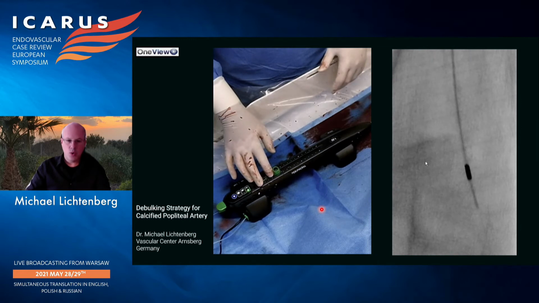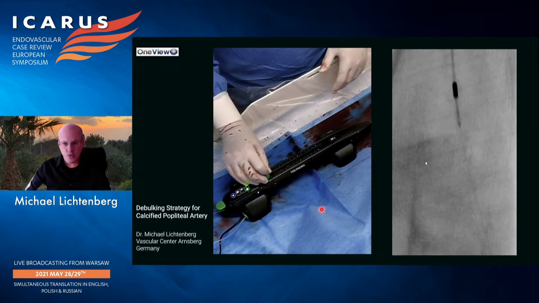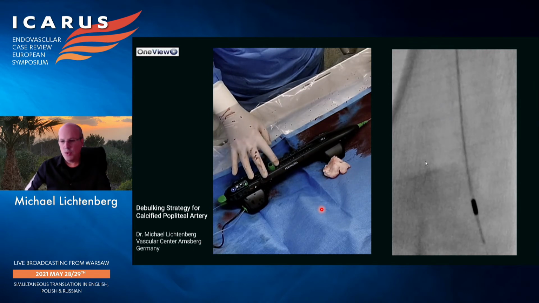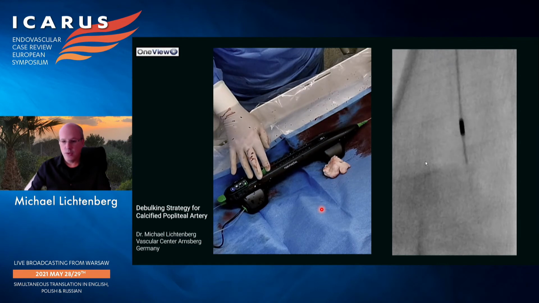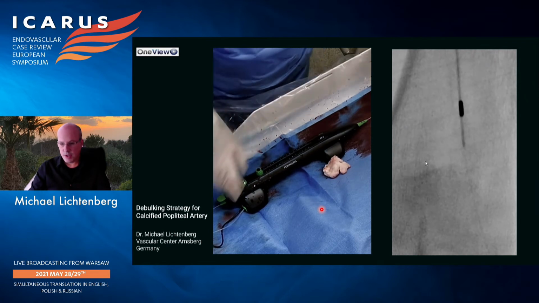Of course, lumen gain is one part of the story, but the other part of the story is to improve the vessel compliance. This means that afterwards we only need to use very low atmospheres with ballooning, like a drug-coated balloon, and with that hopefully prevent dissection, which then forces stent implantation.